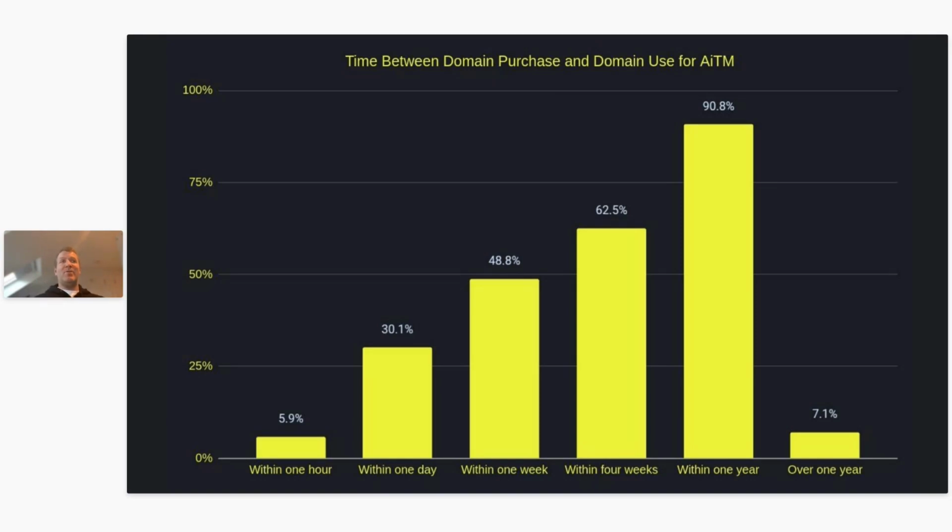But interestingly, when we did look at some of the outliers, you can see 7.1% existed for over a year before they were used. Typically, when we looked at those, they were domains that had been purchased for user education type activities.